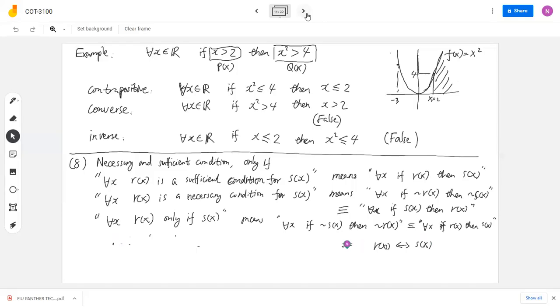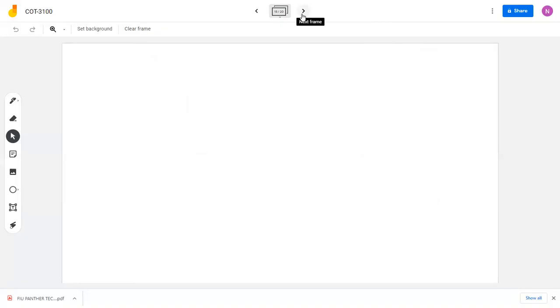I need to go to the next page anyway. So the example is: let's try to rewrite the following statements as quantified conditional statements.